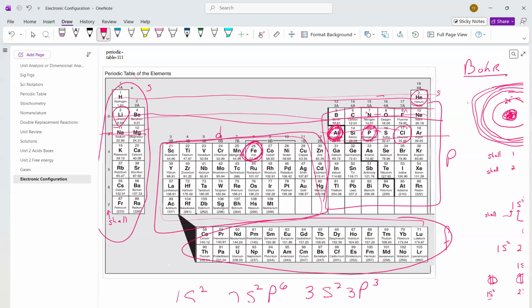Okay, so let's do the journey through the periodic table. So we're going to go 1s2, 2s2, 2p6, 3s2, 3p6, 4s2, and 1, 2, 3, 4, 5, 6 into the D block.